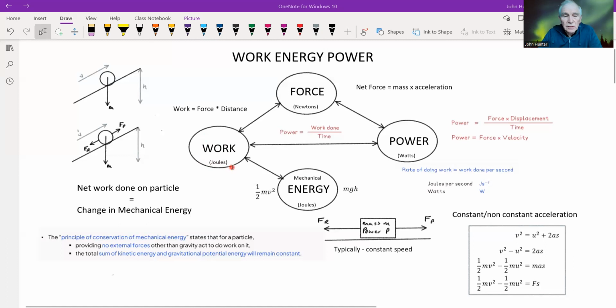And as I said, a common theme to all these problems is the connection of work done and energy. So really it's all connected with this formula here. The net work done on a particle, this is work with a large W, is going to equal the change in mechanical energy.